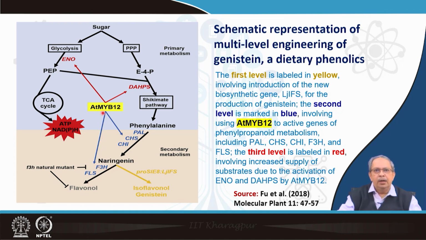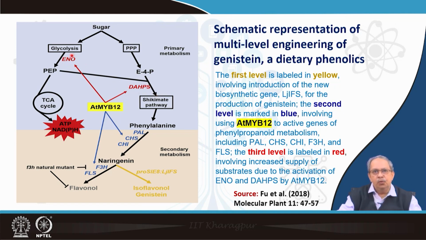And these transcription factors are also able to upregulate the primary metabolism, that means glycolysis, where the product is converted to phosphoenolpyruvate, the pentose pathway, and also the level where erythrose phosphate is converted into shikimate, with the first enzyme DAHP synthase.